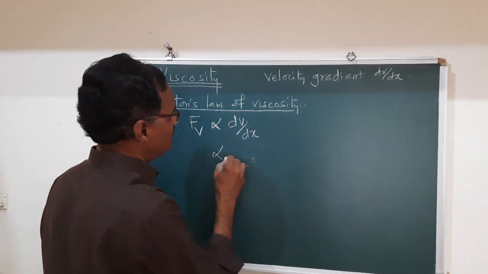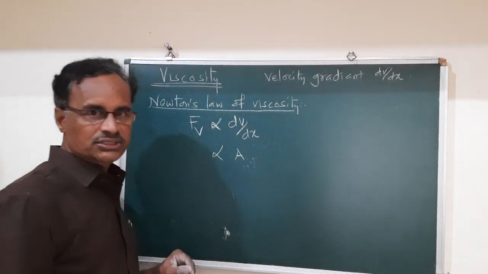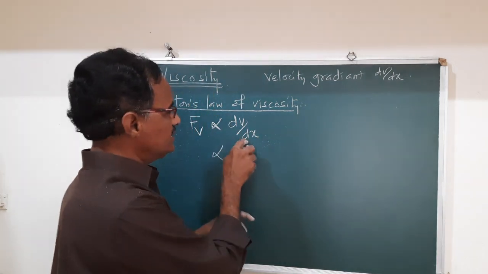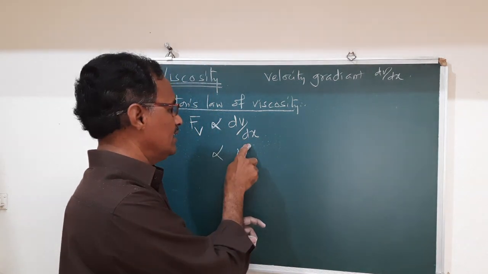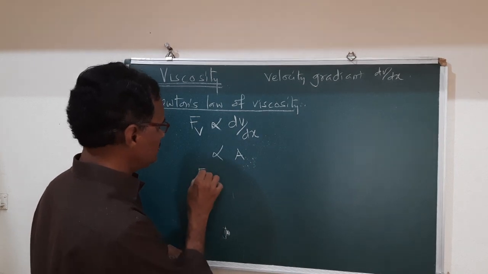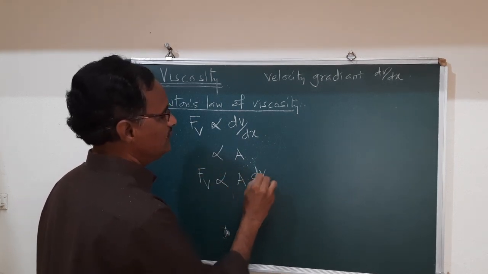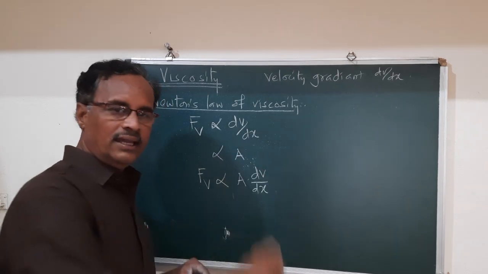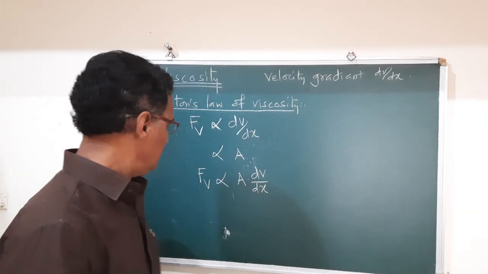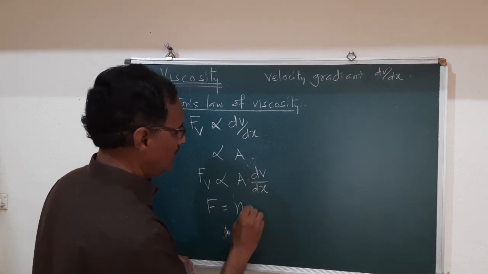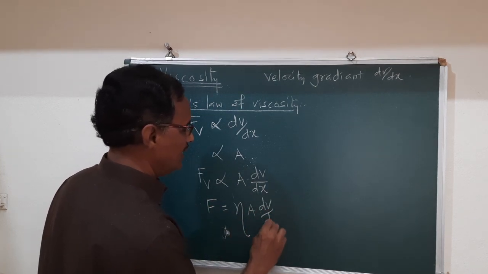Again, it is directly proportional to the area of cross section of the flow tube. By combining these, we can write F_v is directly proportional to A into dV by dx. Now we can write it as F is equal to eta A dV by dx.